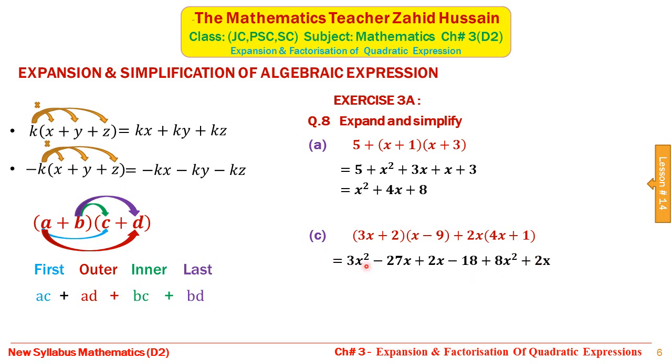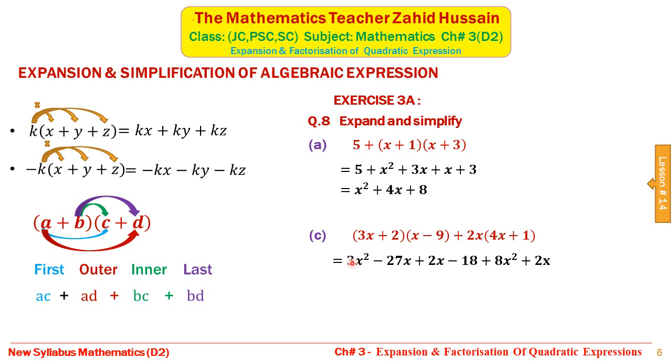Now there are like terms with x square, terms with x, and constant term. So I'm not going to collect the like terms, I'm omitting this step. You can collect the like terms first.